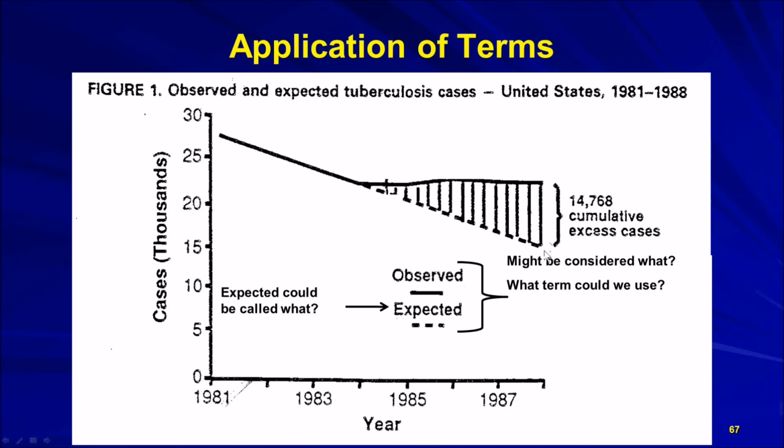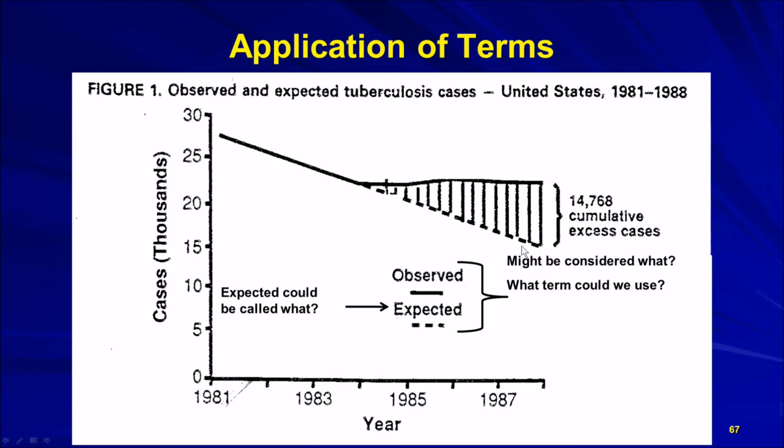So the difference between the observed and the expected makes it an important problem, and this is showing you the cumulative number of cases that have happened that would not have happened if the decline would have continued otherwise.